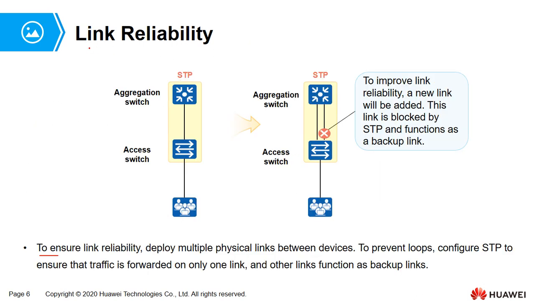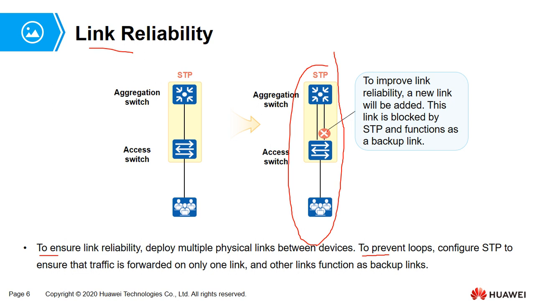Link reliability. To ensure link reliability in the traditional solution, we can deploy multiple physical links between devices. You can see this in this figure. To prevent loops, configure STP to ensure that traffic is forwarded on only one link.